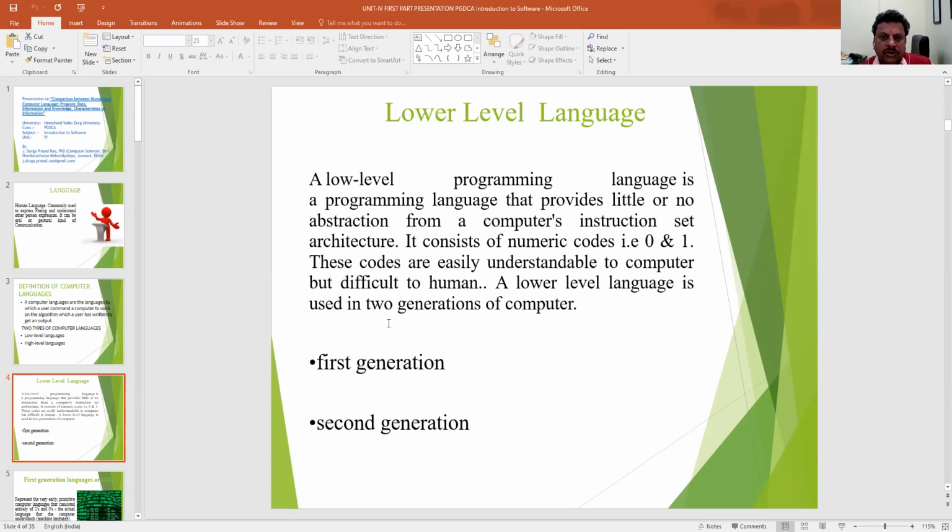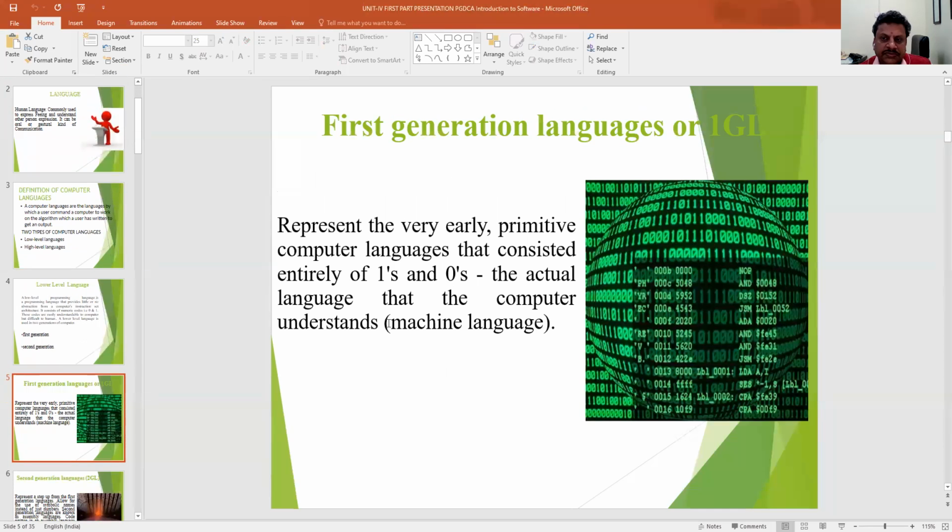Lower level language, or low level language, is a programming language that provides little or no abstraction from a computer's instruction set architecture. It consists of numeric codes 0 and 1. These codes are easily understandable to the computer but difficult to human beings. A lower level language is used in two generations, that is first generation and second generation. So let us learn something about first generation.